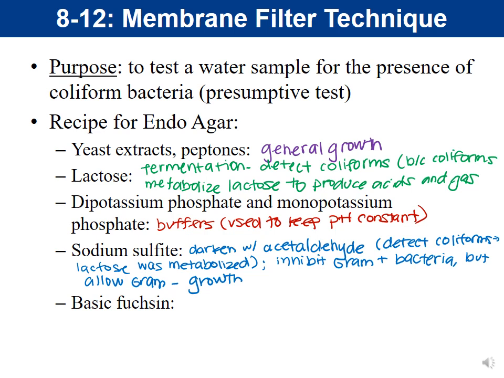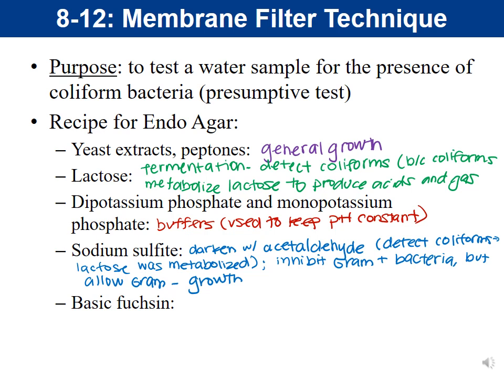And so this ingredient, the sodium sulfite, would basically inhibit gram-positive growth. Sulfites are added to red wine often to prevent spoilage because it inhibits gram-positive bacteria. And so again, in a minute, I have a slide to show you about the sodium sulfite and the acetaldehyde part. But again, if you've watched the metabolism video, you've already heard about acetaldehyde.